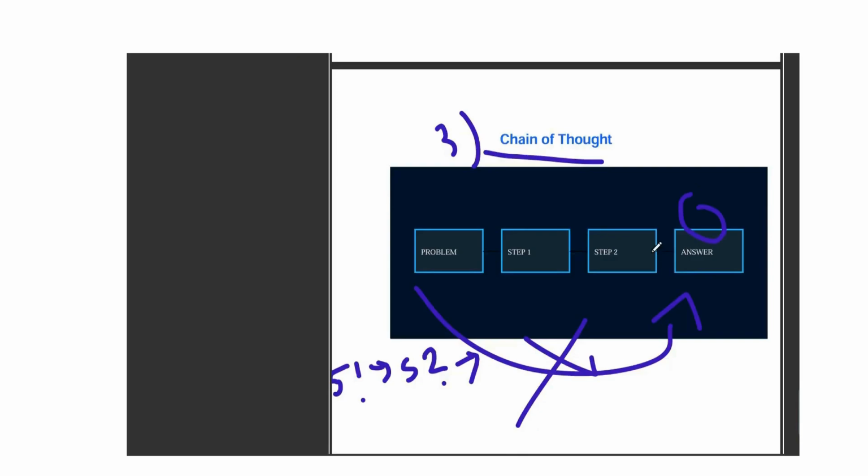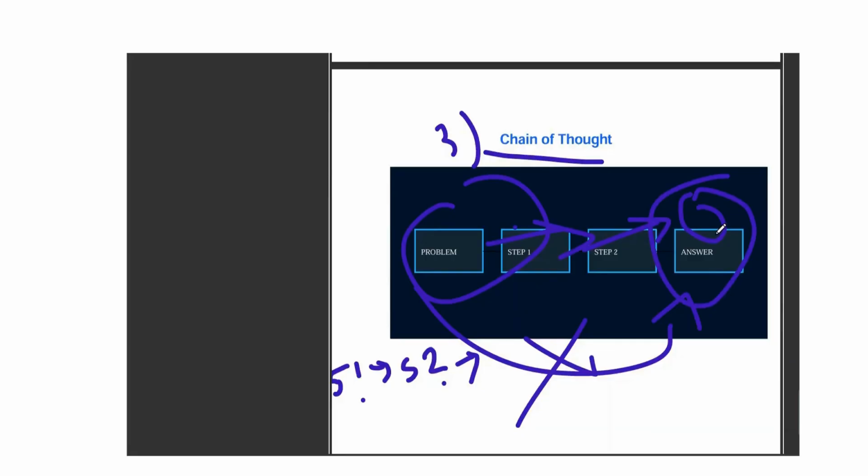We can ask AI to do the same thing. Instead of saying solve the problem, we can say solve this problem in a step by step manner and then give me the solution and explain your thinking.